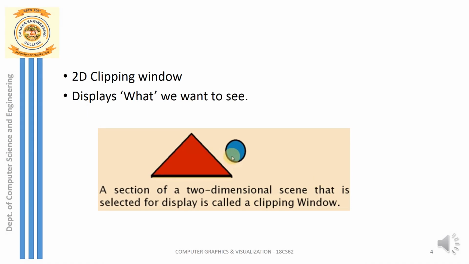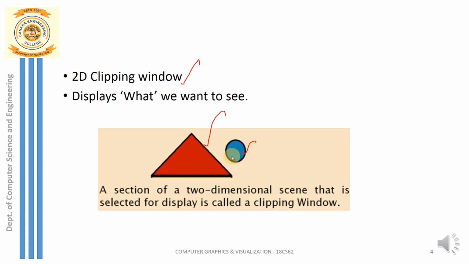As I already said in my example, the scene consists of multiple primitives. Out of that, I want only this red triangle and a blue circle to be displayed. A 2D clipping window is required in order to generate only a few primitives out of that scene.